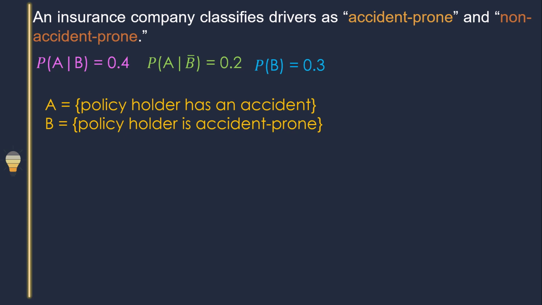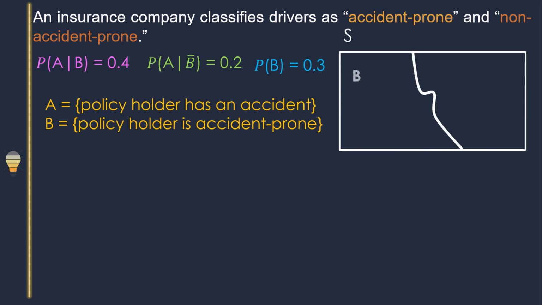As I mentioned before, this example talks about only two groups of people. So our sample space must be all people, and there are only two groups. What are those two groups? B, the accident prone group, and B complement, the non-accident prone group.